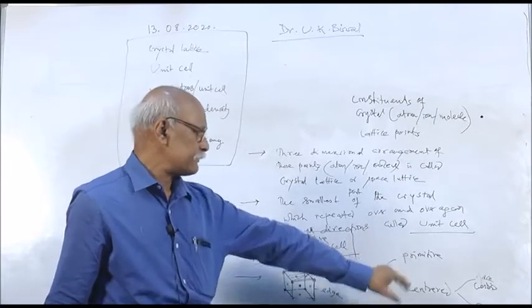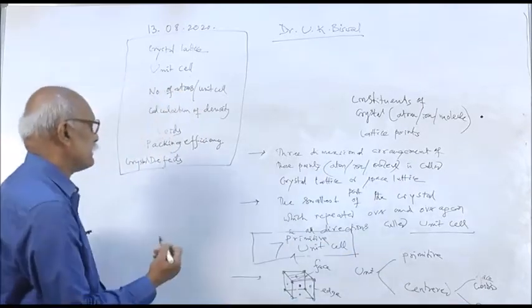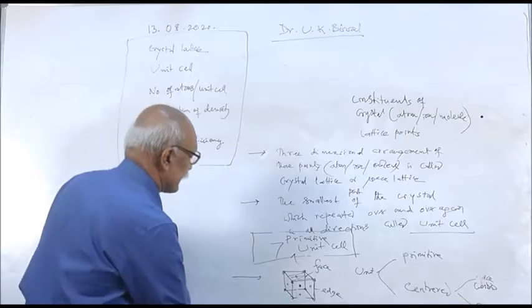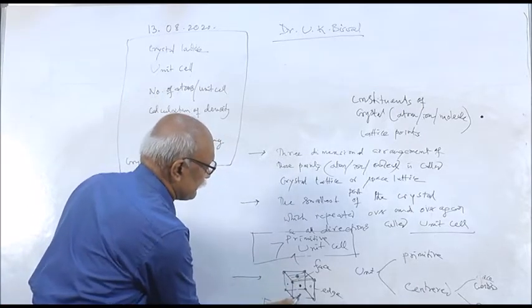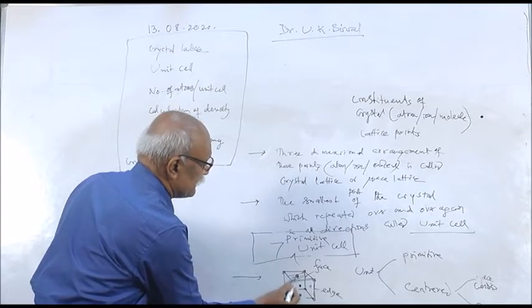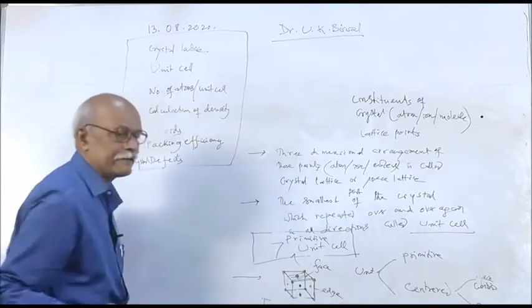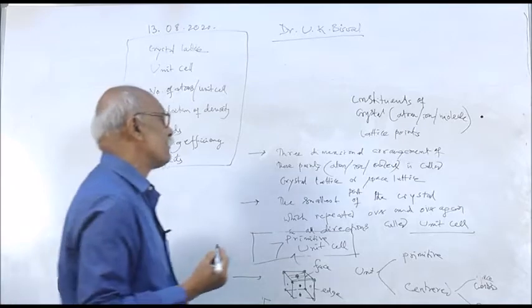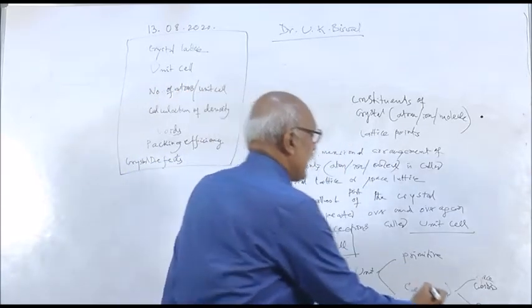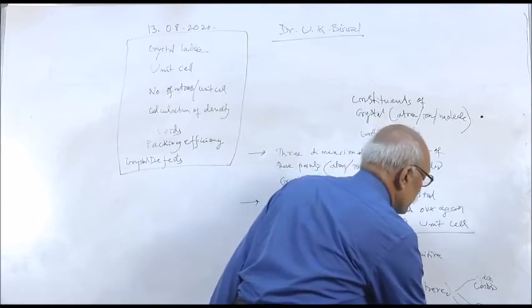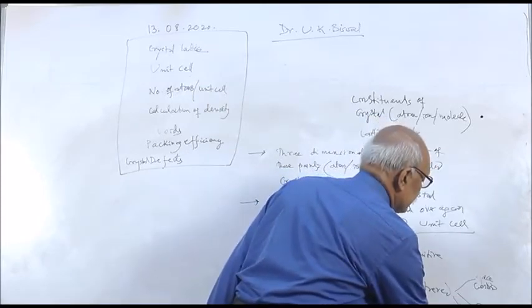Another centered type is end centered. That means if it is only at these two opposite ends, that is called end centered. So centered cells can be face centered, body centered, or end centered.